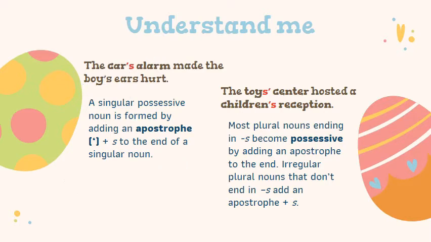So when I have a singular possessive noun, I form it by adding apostrophe plus an s to the end of a singular noun. Now, on the other hand, let's talk about plural nouns. Most of them, those that end with s, become possessive by adding an apostrophe at the end.